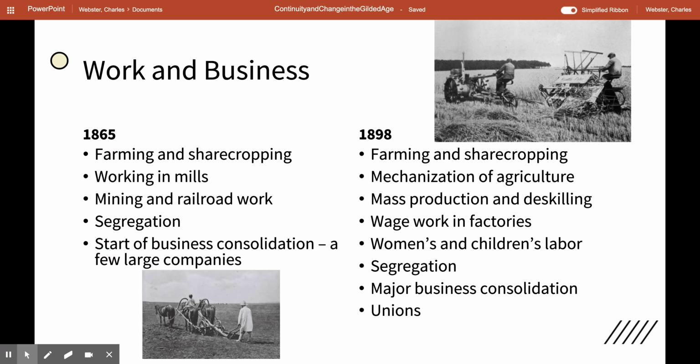And by the end of the 19th century, businesses had undergone major consolidation, often using monopolistic practices to dominate industries and fix prices and wages. So these businesses would come together and form monopolies by 1898.